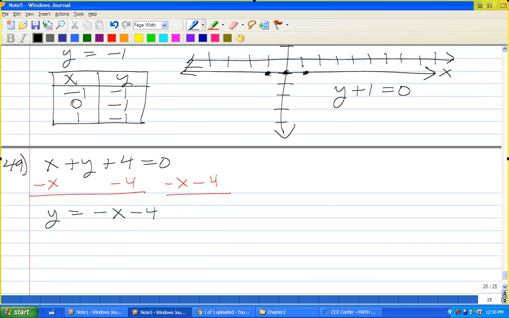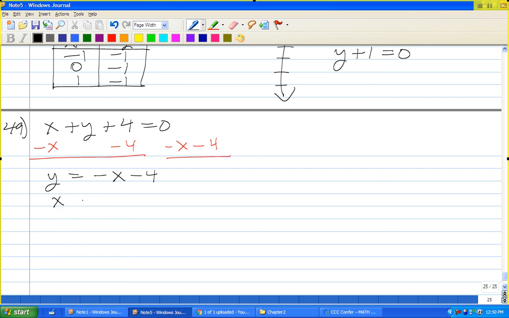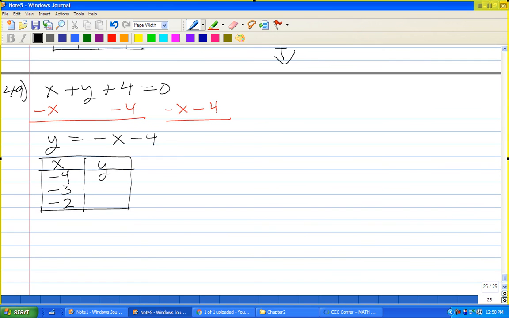Let's pick some values. Let's go for -4, -3, -2. x equaling -4 says that y is equal to -4 minus 4... wait, that is, y equals minus negative 4 minus 4, and 4 minus 4 is 0.